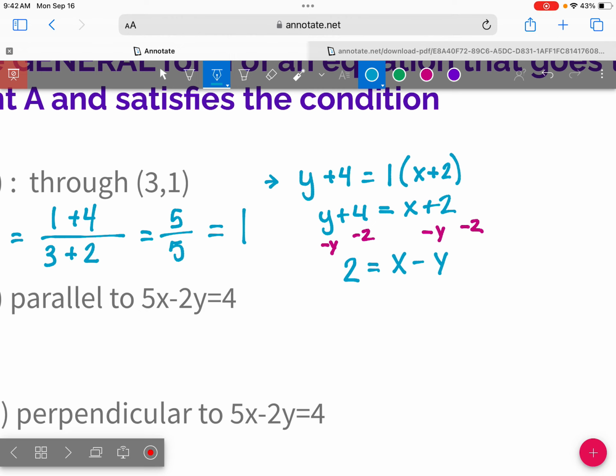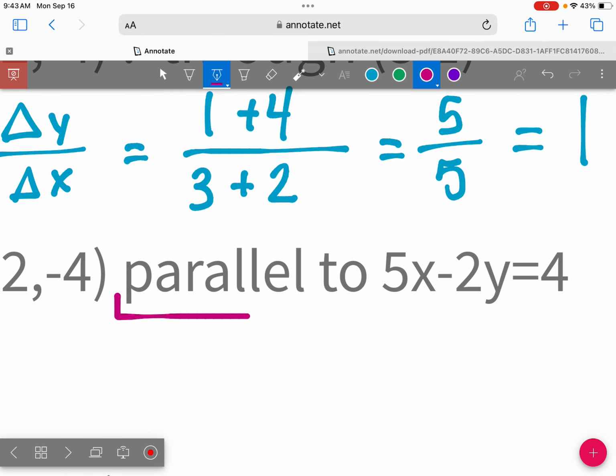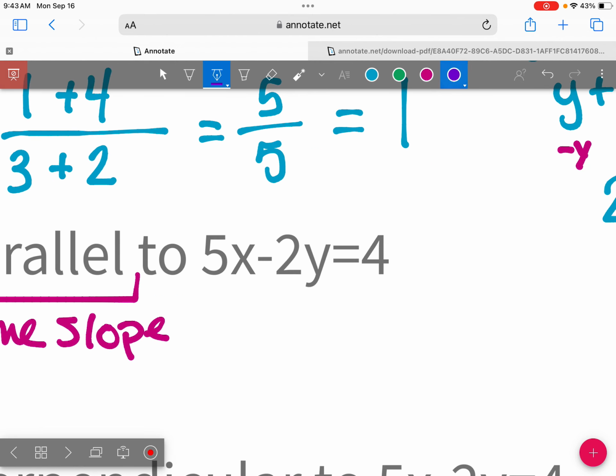Okay, this next one tends to be the ones that kind of throw us off. I've got a line through the same point, and then parallel to 5x minus 2y equals 4. What does it mean for them to be parallel? Same slope. How can I find the slope of this guy?